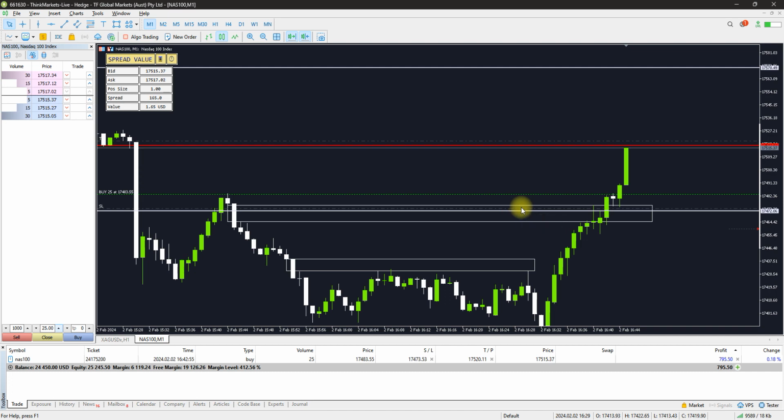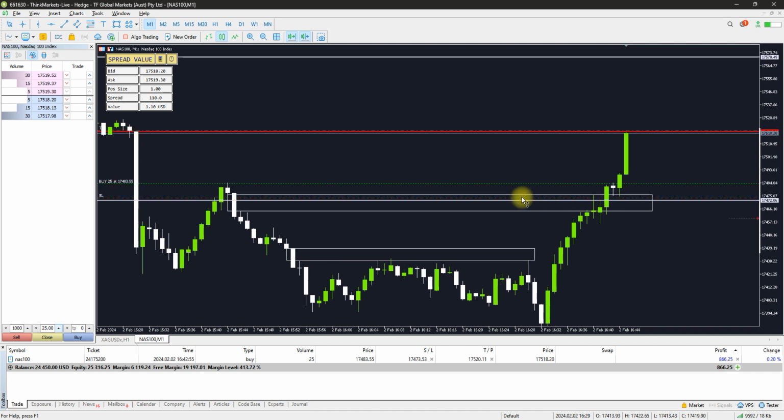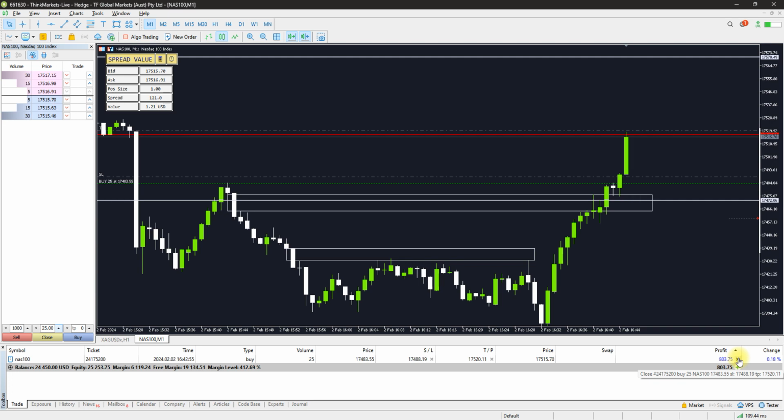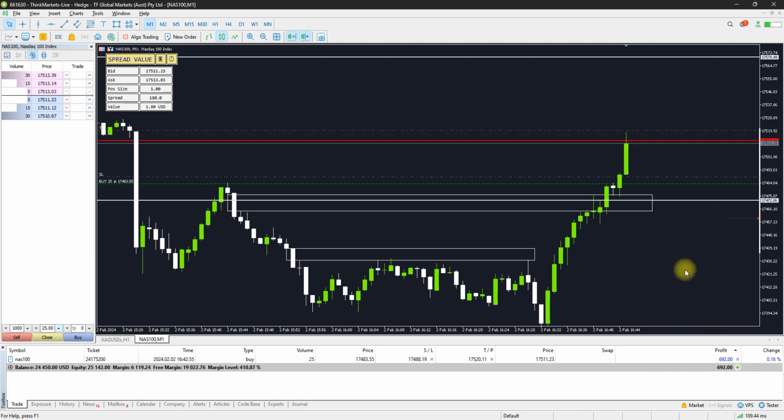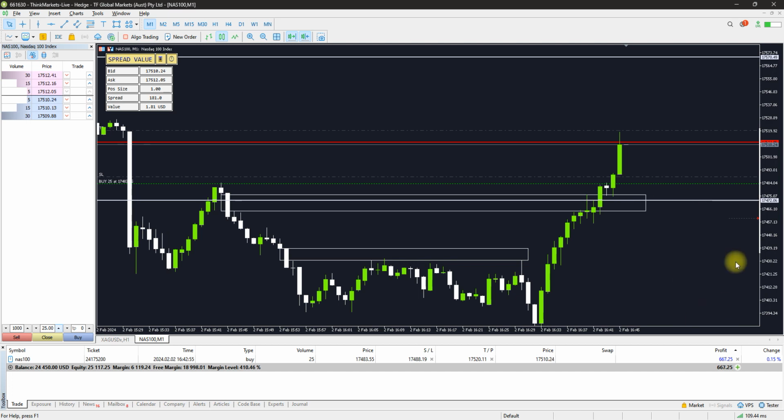I'll move to break even. Alright, so my emotions got the best of me on that trade, but let's see if we could push it to 942. Should have taken that at 800, right?